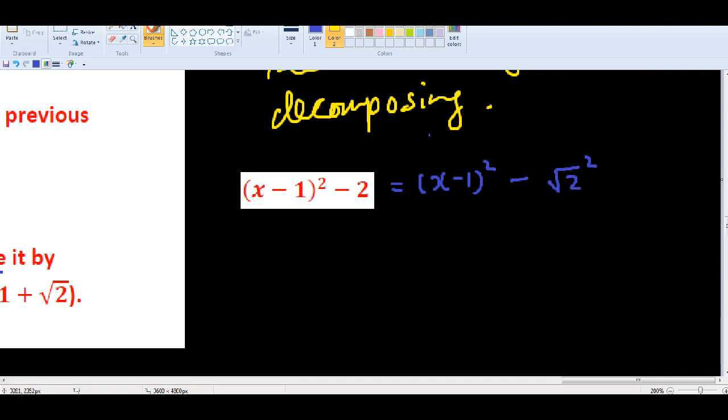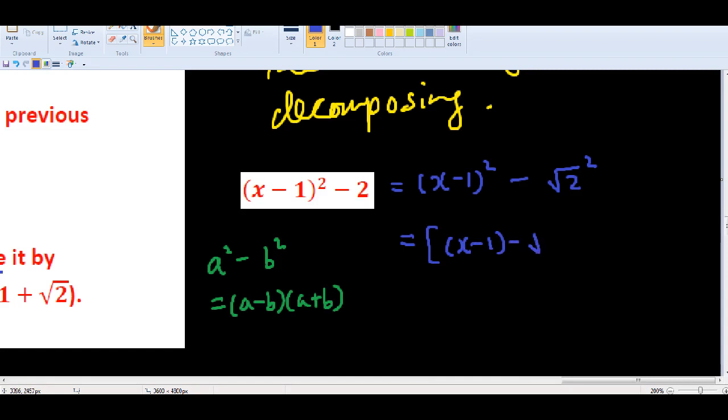Then you think about the identity of the difference of squares. If you remember, if you got a squared minus b squared, you can always rewrite it as a minus b times a plus b, right? So that's x minus 1 squared minus square root 2 squared. You can always treat it as a squared minus b squared, so you will have the form like this.